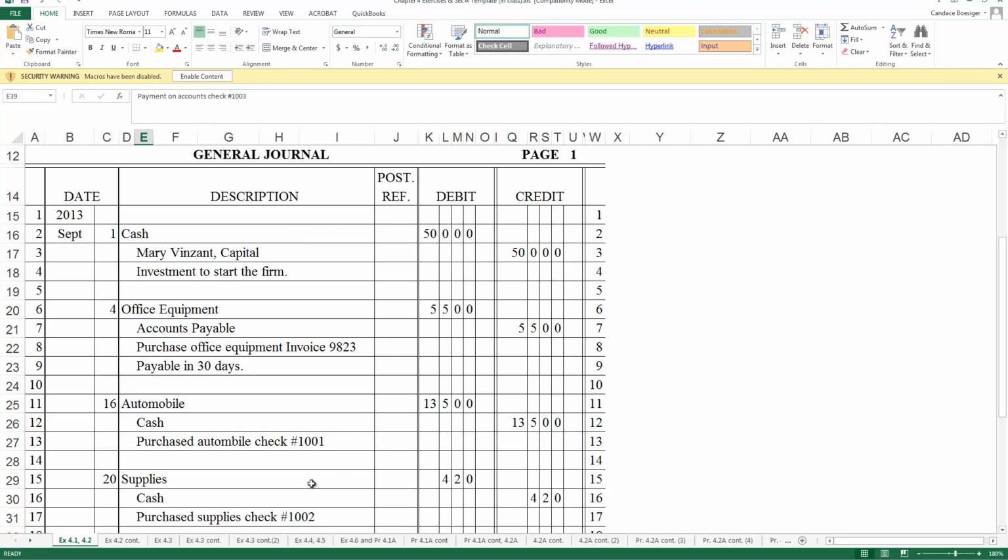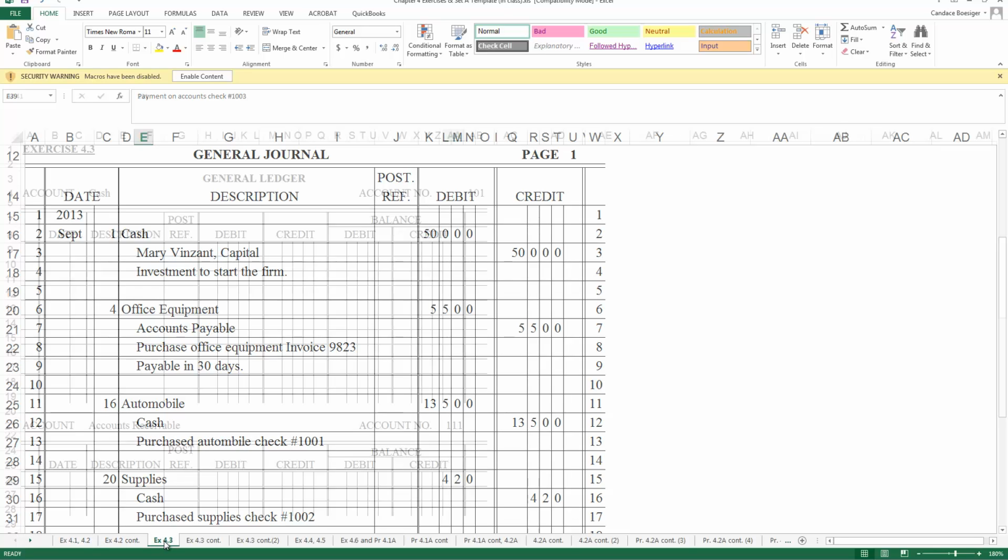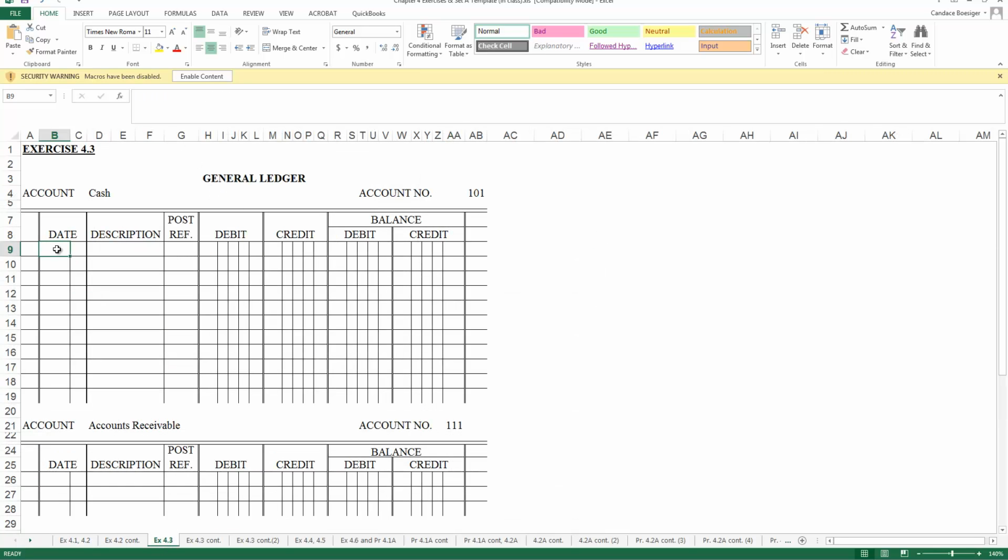So now we go and we find our cash ledger, which is right here. We start out with the date, we start out with the month, and the day that that transaction happened, which is the 1st. And our posting reference is J1. What does J1 mean? General Journal, page 1.